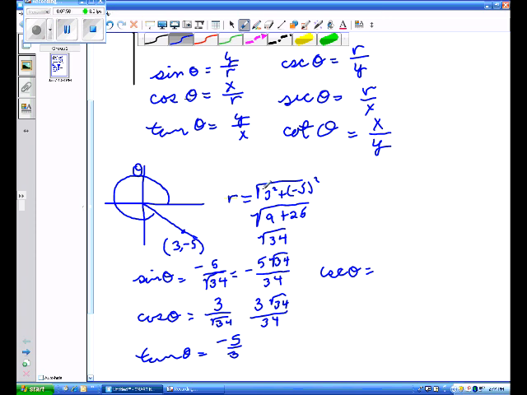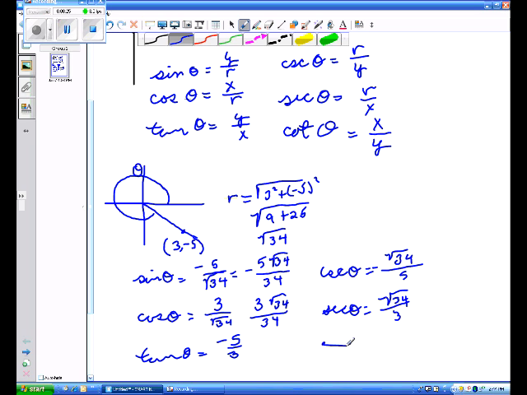Now, if you're looking back here, you can look at your definition. It's r, square root of 34 over y, which was -5. Normally, we don't write a negative in the denominator. We'll put the negative out in front of our fraction. The secant is r, the square root of 34 over x, which was 3.